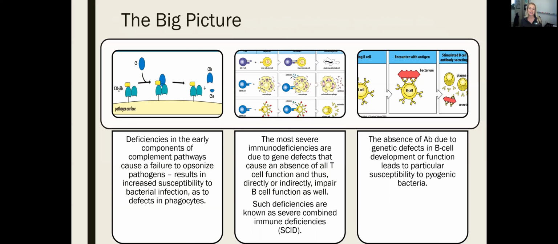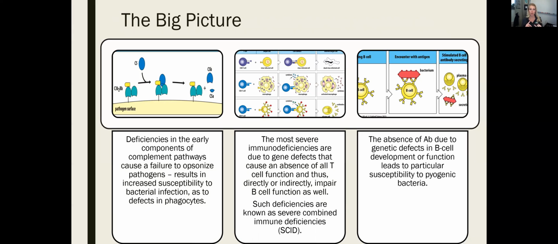So when a T cell dysfunction also affects B cell function, we call these severe combined immunodeficiencies, or SCID. And usually SCID results from, like, HIV, which causes SCID because it kills off the T cells, which will then decrease the effectiveness of the B cells.